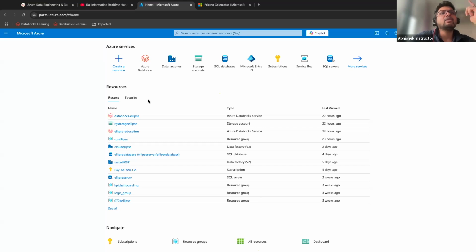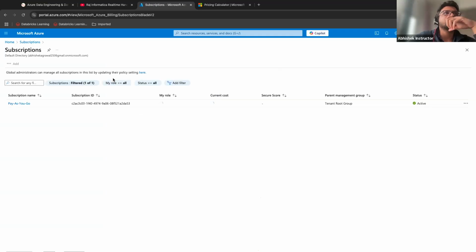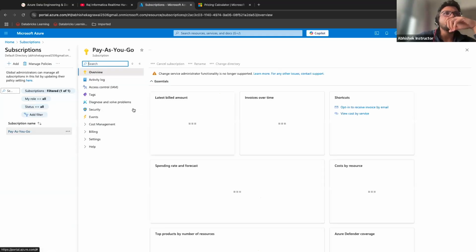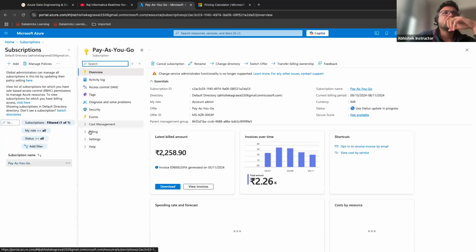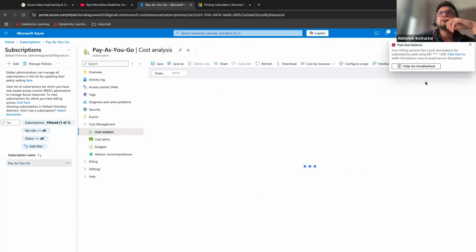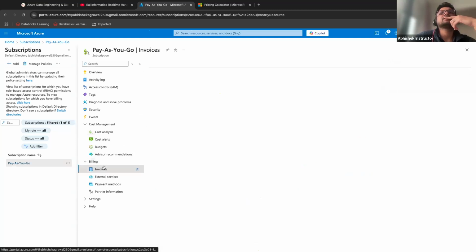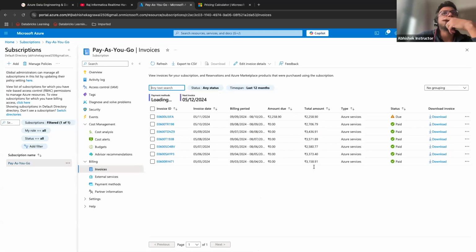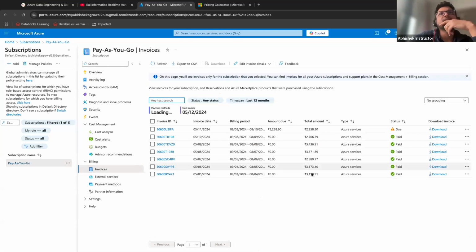And after that, you can upgrade your account to pay as you go. Suppose I am using a pay as you go subscription right now, and if I go to cost management and show you the cost analysis, or billing and invoices, right? This is what I have been paying over the past days.